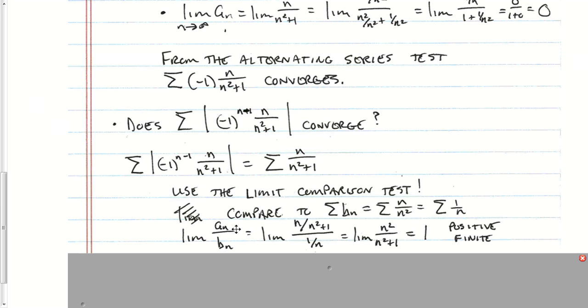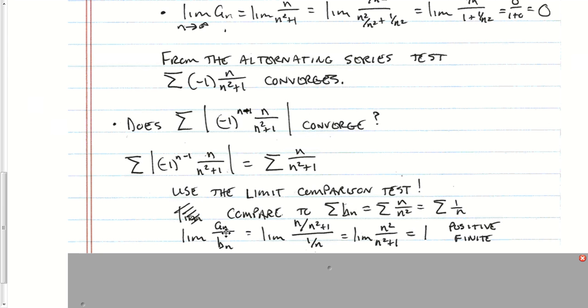what we do then, remember the way this limit comparison test works, we look at the limit of our series a sub n divided by the terms of the comparison series. Our terms are n over n squared plus 1, and the comparison series terms are 1 over n. When we simplify that ratio, we get n squared over n squared plus 1.